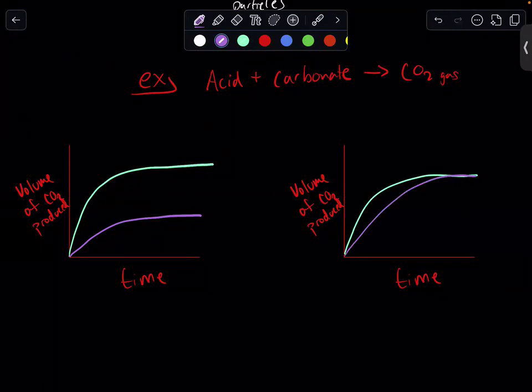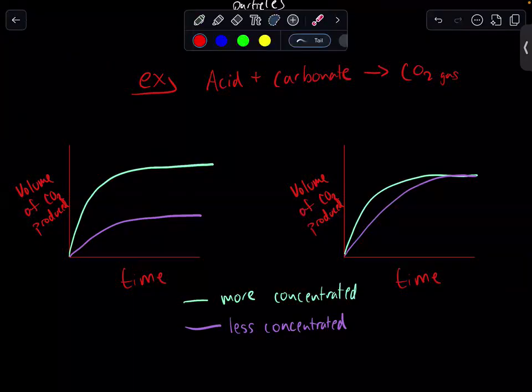So in this case, the purple is always going to be our less concentrated acid. The light blue is going to be the more concentrated. And what this graph is showing is actually two different aspects of the same idea. You'll notice that we have different volumes produced, while here we have the same volume produced.